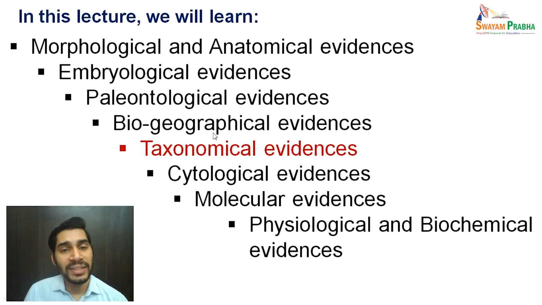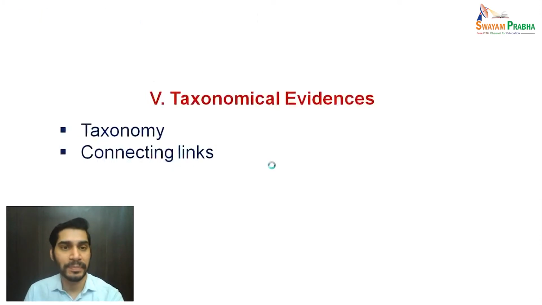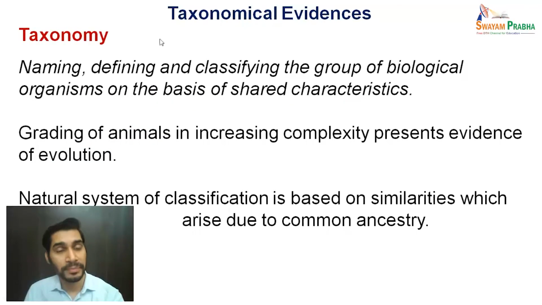Moving ahead from biogeographical evidence, let us discuss taxonomical evidences. In taxonomical evidences, we will discuss 2 points, that is taxonomy, that is classification, and how the connecting links present evidence for evolution. Taxonomy is the branch of science which deals with naming, defining, and classifying organisms into different groups based on shared characteristics.